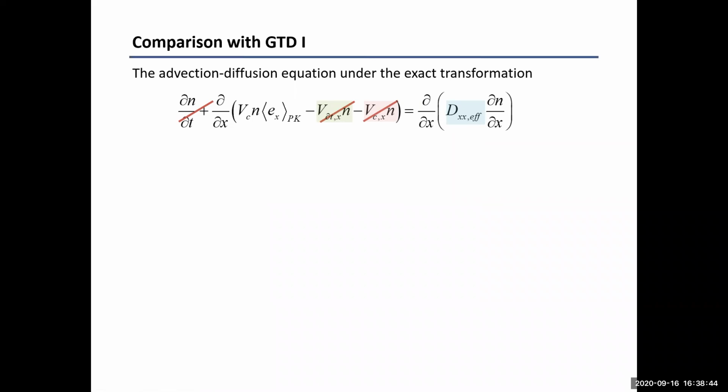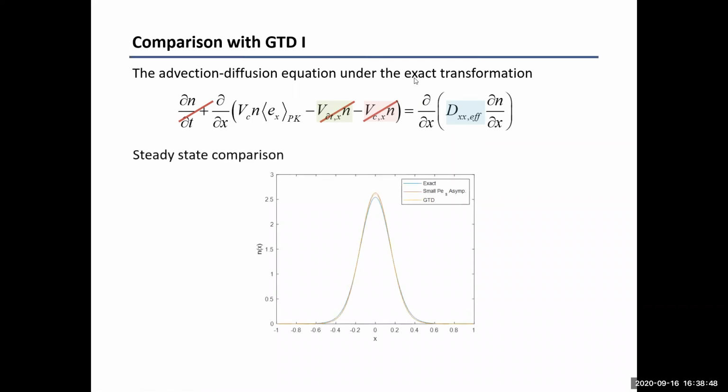And then we compare these results with the one calculated from generalized Taylor dispersion theory, and the one from our new asymptotic model, obtained by applying asymptotics to this model. And you will see that all three are similar, and it's very difficult to find a big difference between the three.